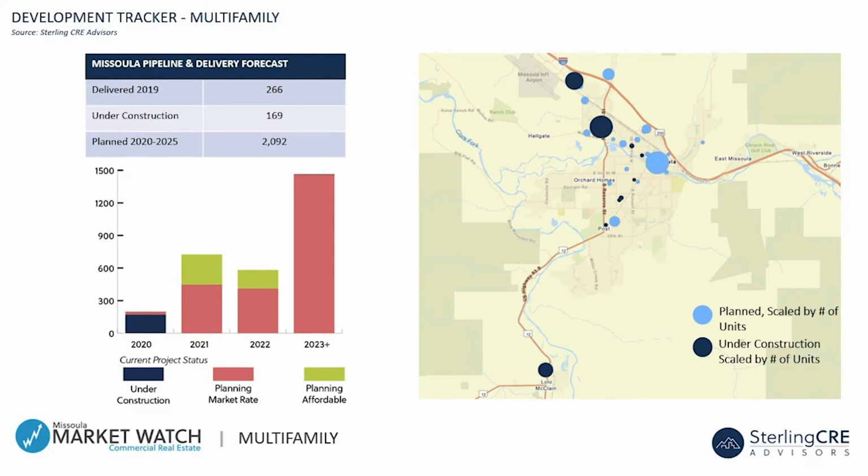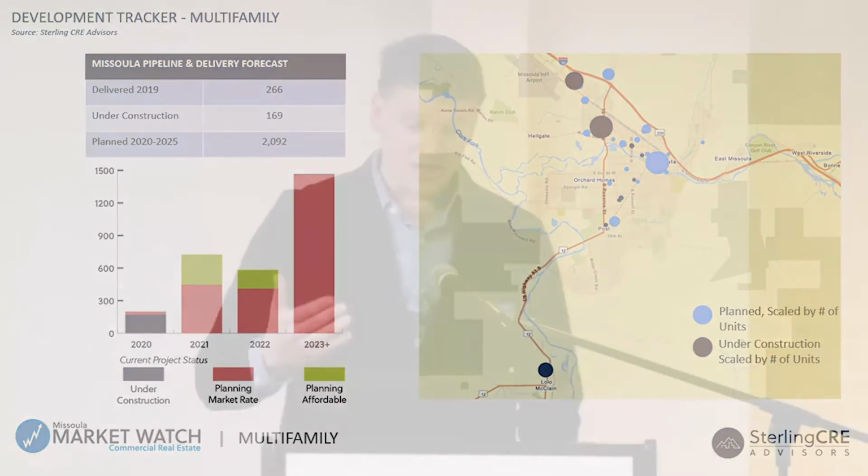But if you look now, in 2020, there's only 170 units, or 169 units that are under construction. So given the demand curve that we showed, it looks like there's going to be another pretty big gap in deliveries of units versus what is actually demanded in units. So that would indicate that your vacancy is likely to stay tight or even get tighter, if that's possible, in the apartment market this year.